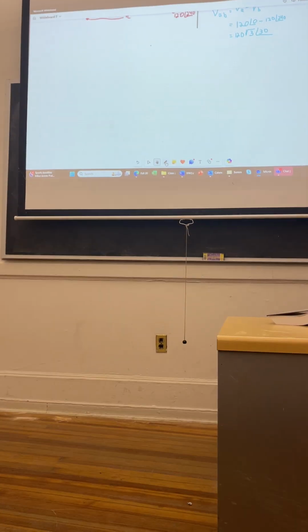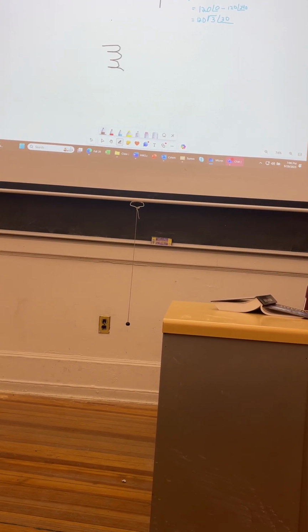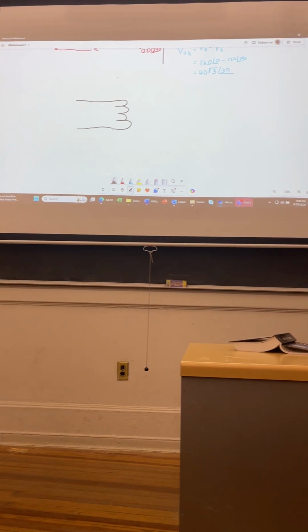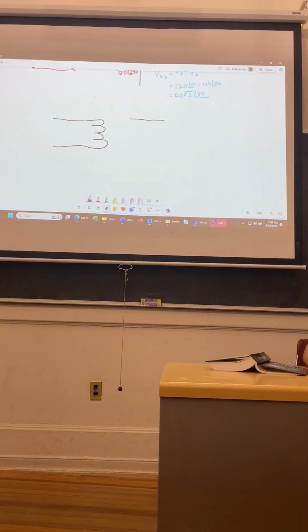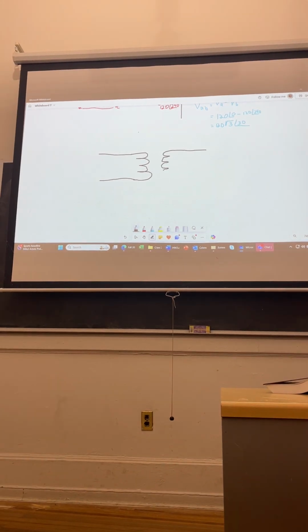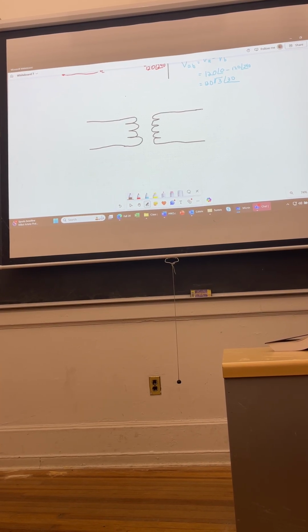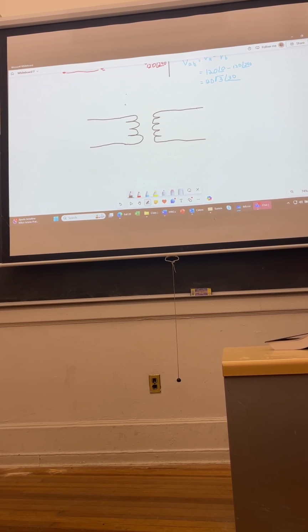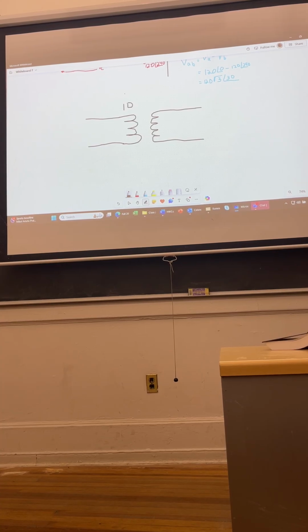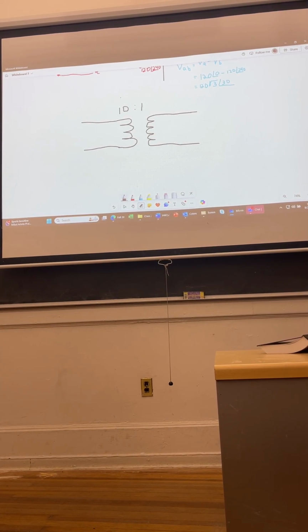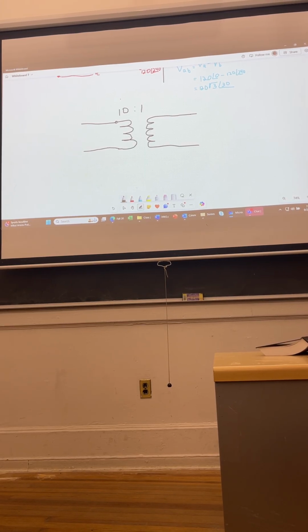So why did I go through this? Let's think about a single-phase transformer now. So I'm going to draw a single-phase transformer. I guess we'll say this is a 10-to-1 transformer, and we'll draw our polarity marks.